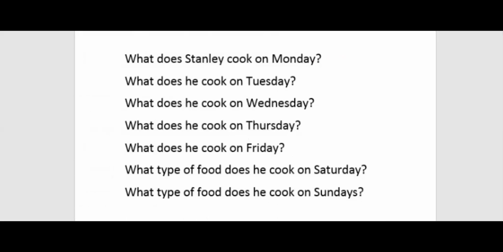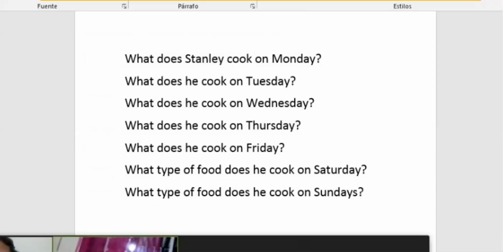Por ejemplo, hay una pregunta: what does Stanley cook on Monday? Entonces sería he, o does he cook, ¿verdad? Does he cook Italian?